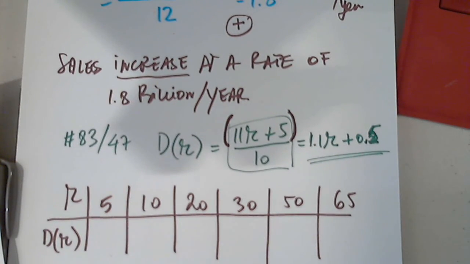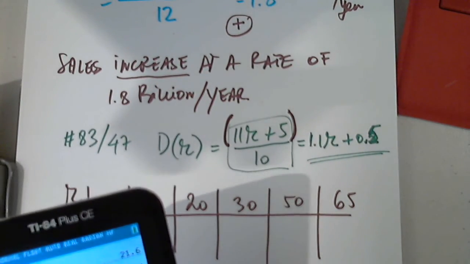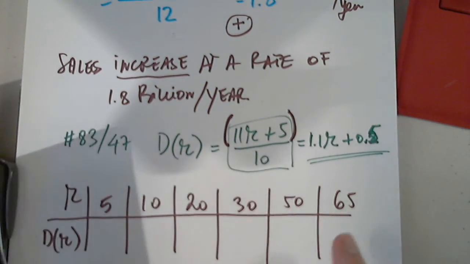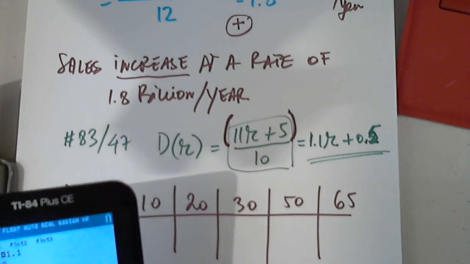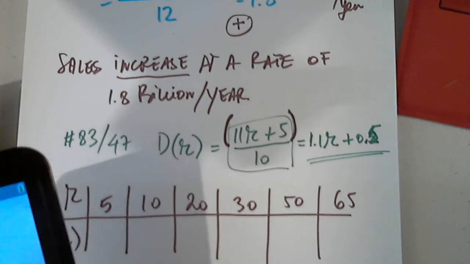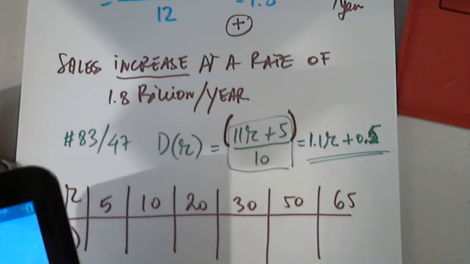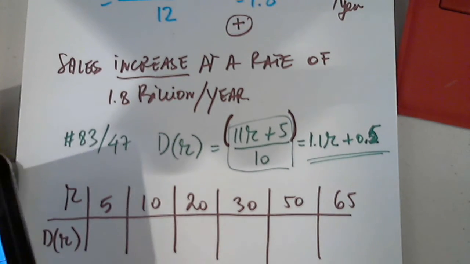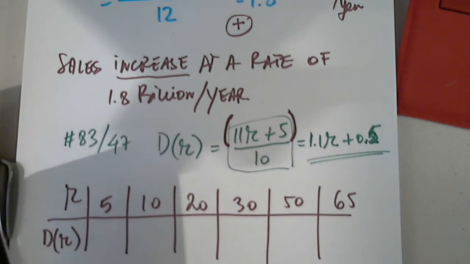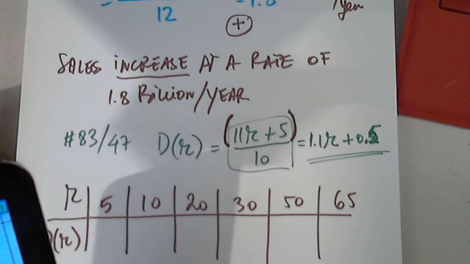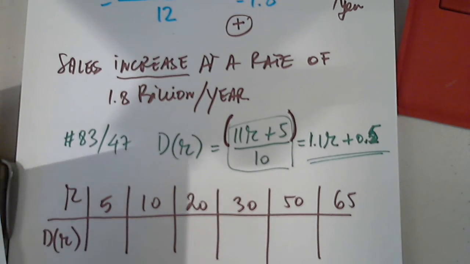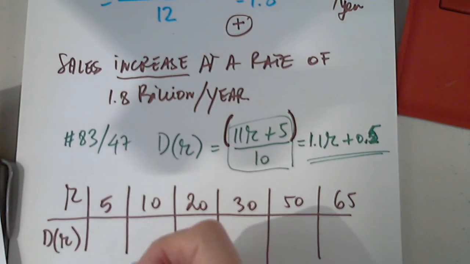I'm not going to do this by hand. I'm just going to put it in the graphing calculator as 1.1x, not r, we don't have r, plus 0.5, and go to second and table and plug in these numbers. I want 5, and then 10, 20, 30, 50, and 65. So here are our answers.